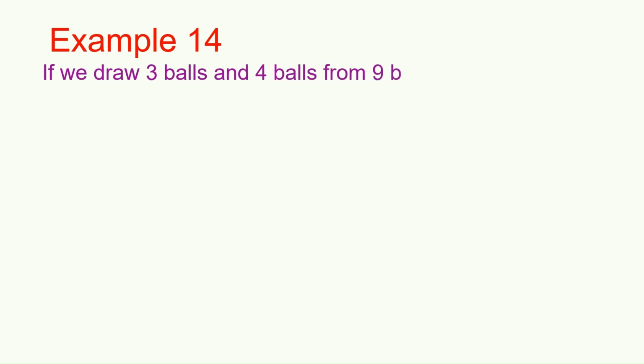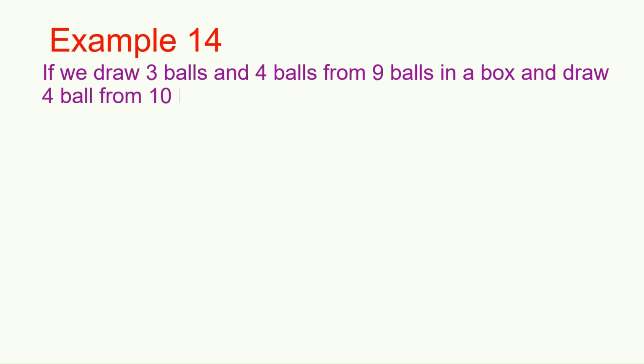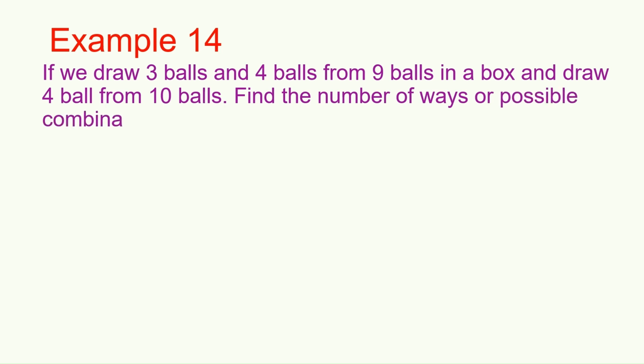Example number 14. If we draw 3 balls and 4 balls from 9 balls in a box, and draw 4 balls from 10 balls, find the number of ways or possible combinations in all 3 cases.